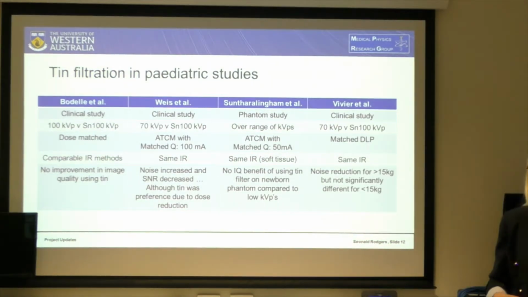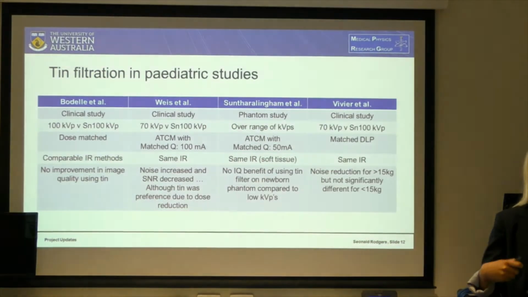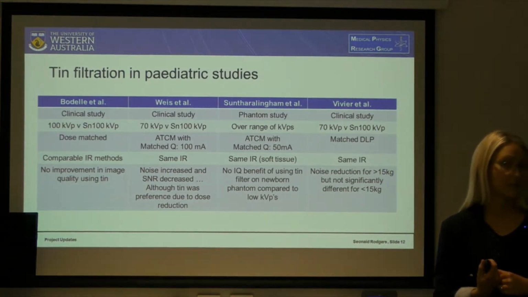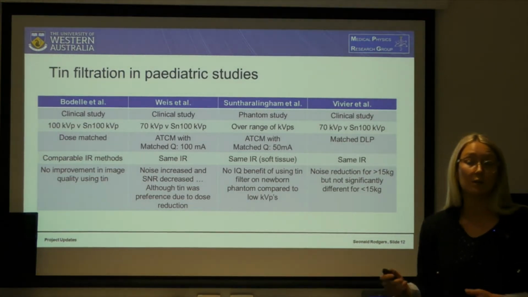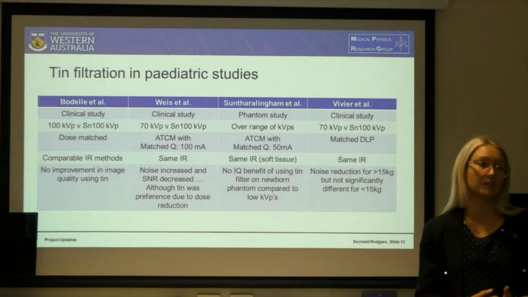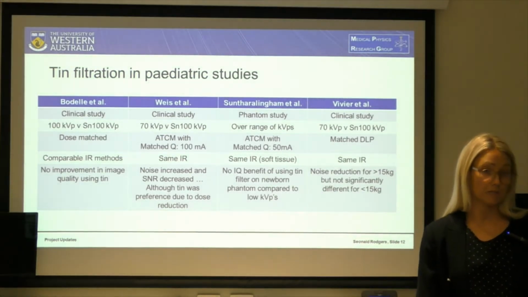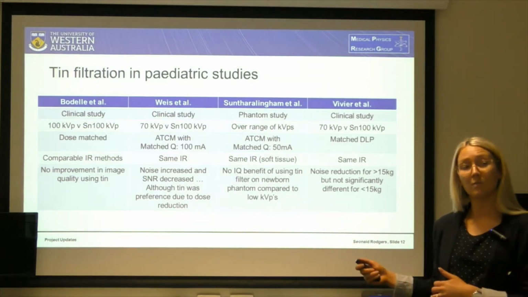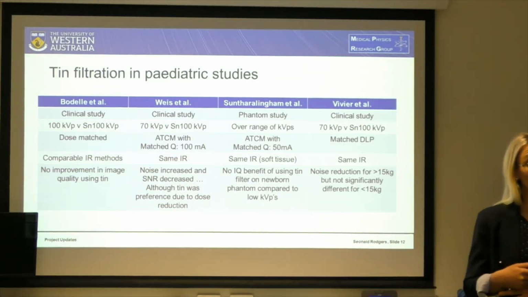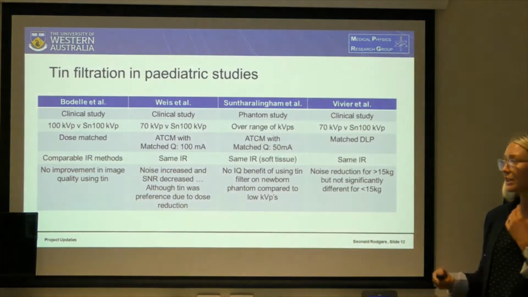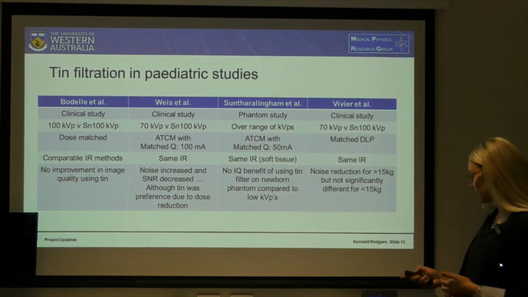Interestingly, they found that for patients larger than 15 kilograms there was a reduction of noise using the tin filter, but there were no significant improvements in image quality when using the tin filter at 100 kVp for patients smaller than 15 kilograms. This is where my project focuses.